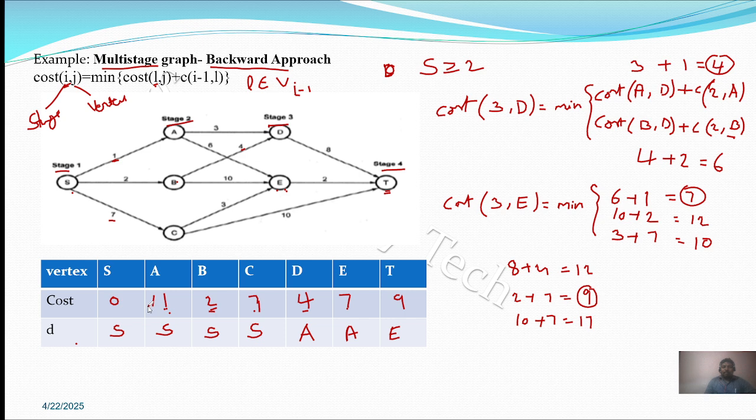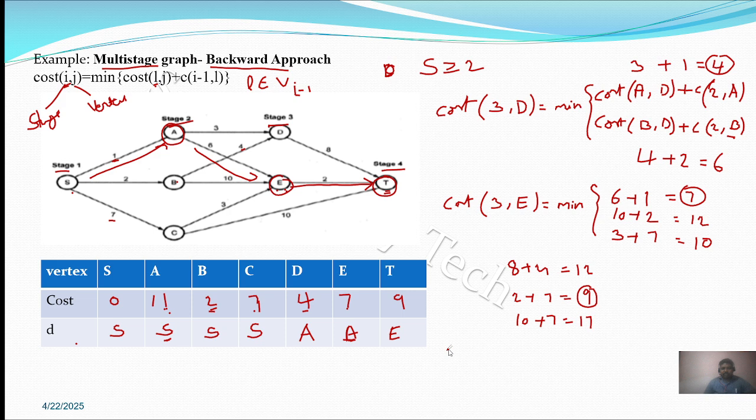Now you can see it is 9, that is from E. So E to T, and in E, vertex A, and in A, vertex S. So what is the shortest path?